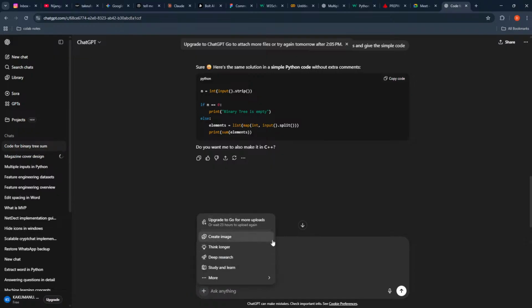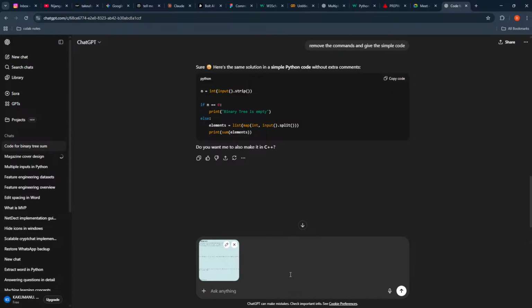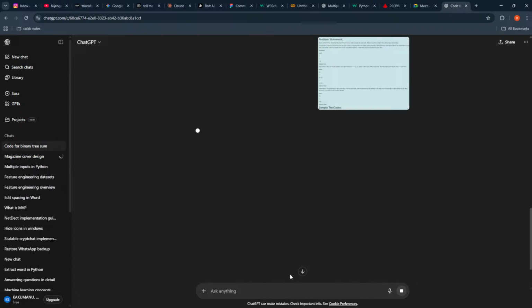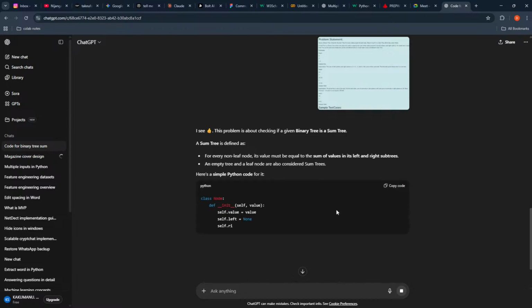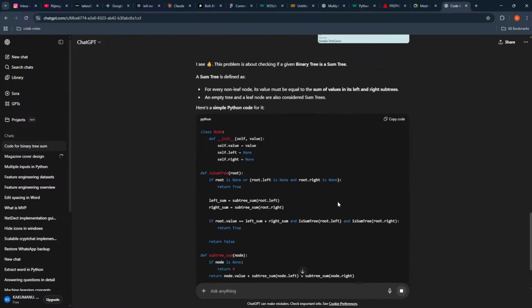Write down: if, bracket, expression, then statement 1, else statement 2. If expression, then statement 1, else statement 2. This is the syntax to write the if else statement.